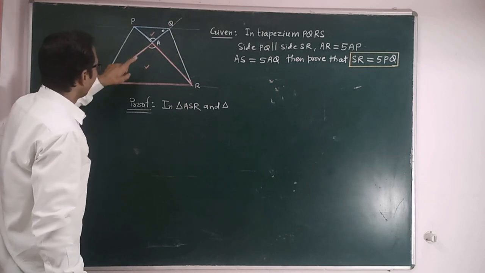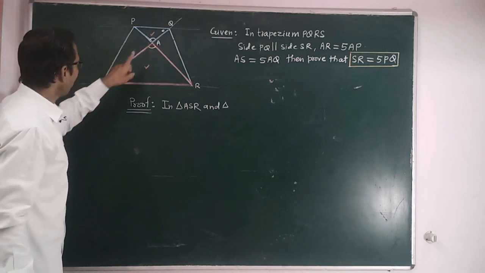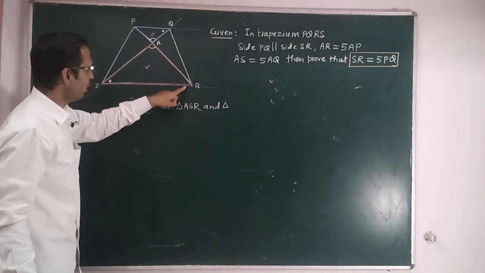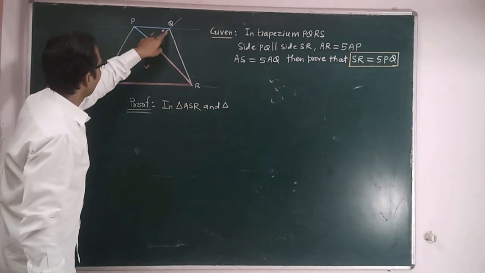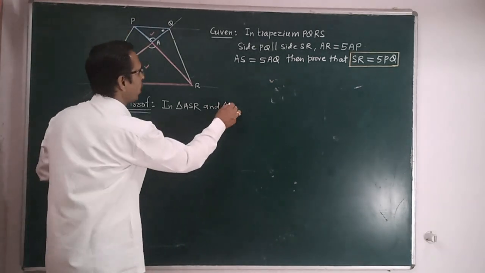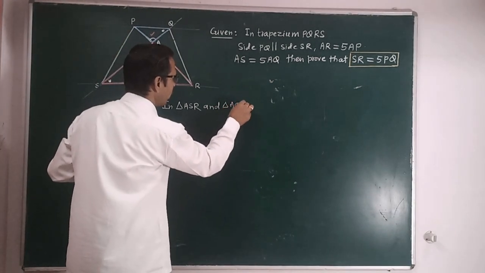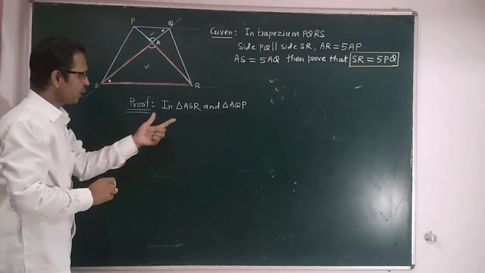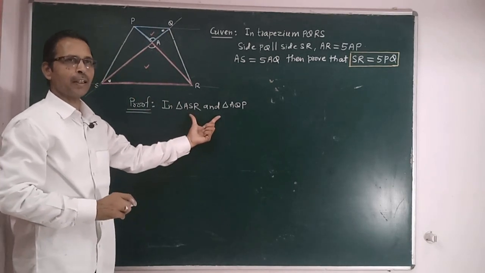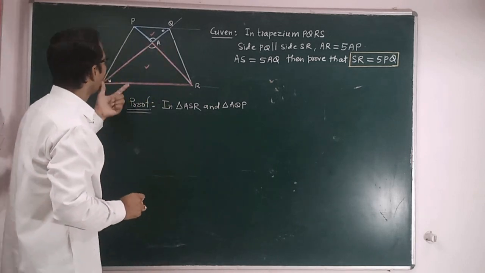First we write ASR, see here, second we write AQP, because S corresponds to Q here, and that's why we write the names of the triangles with one-to-one correspondence.